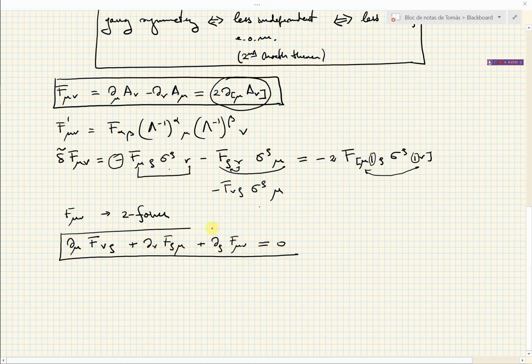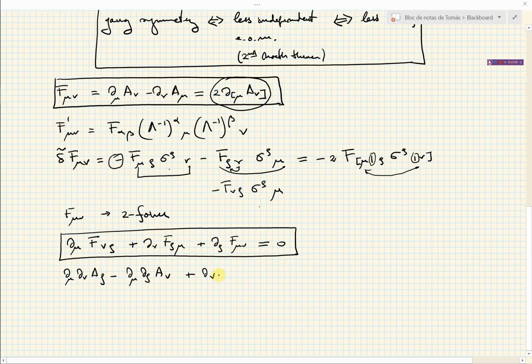We are about to prove this, and you can prove it just by brute force. Okay, let's do this first. So this would be partial mu, and now we remember that this is partial nu A rho minus partial rho A nu. So this is partial mu partial nu A rho minus partial mu partial rho A nu. Now the next term is the same, and now we start making cyclic permutations of these terms.